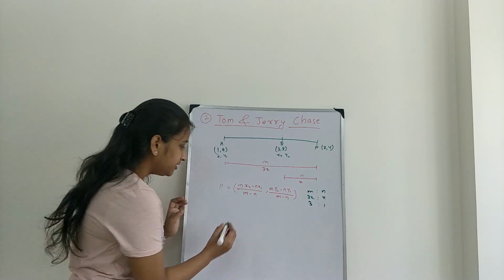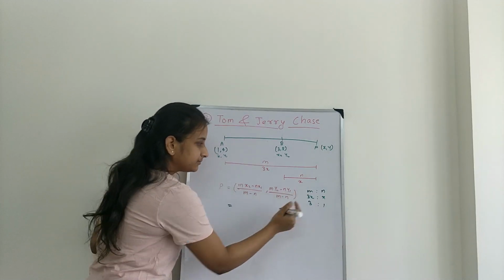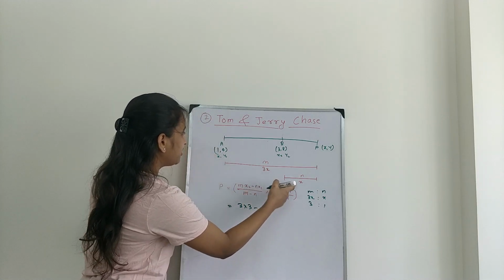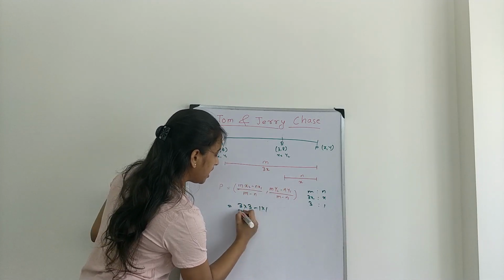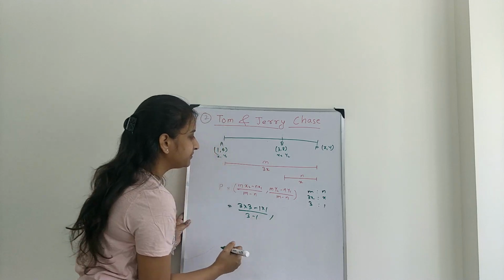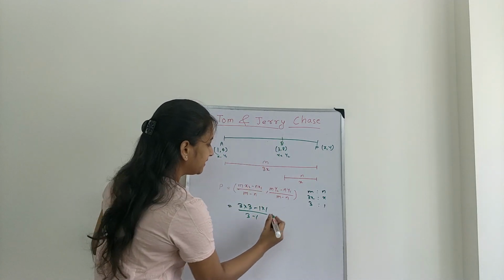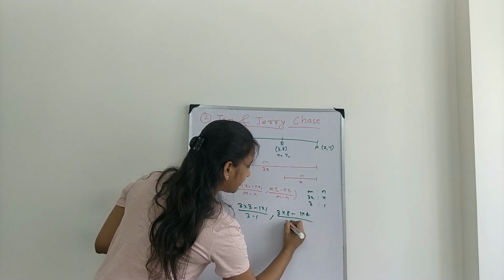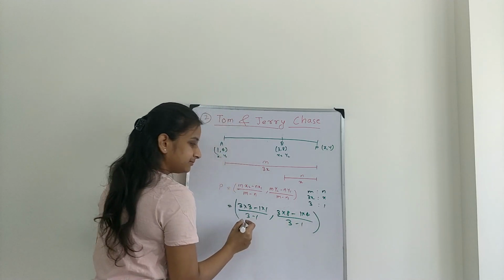So, using this formula, 3 into 3 minus 1 into 1 upon 3 minus 1. Similarly for y coordinate, 3 into 8 minus 1 into 4 divided by 3 minus 1.